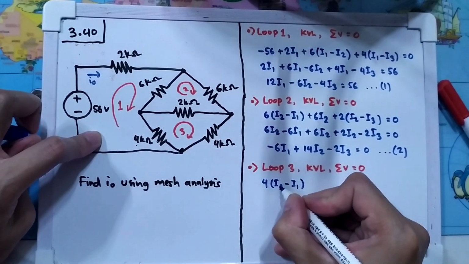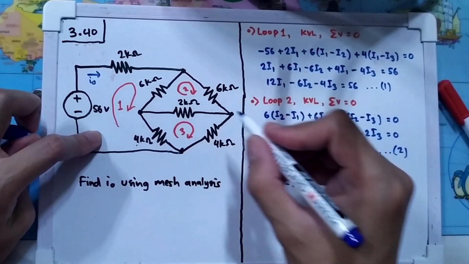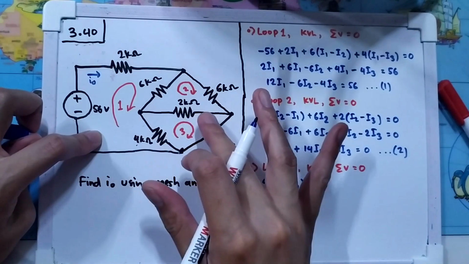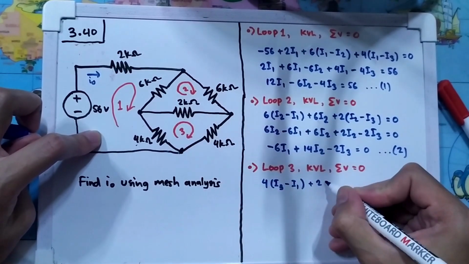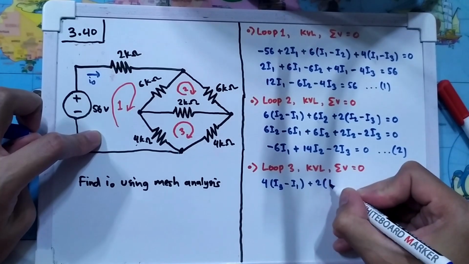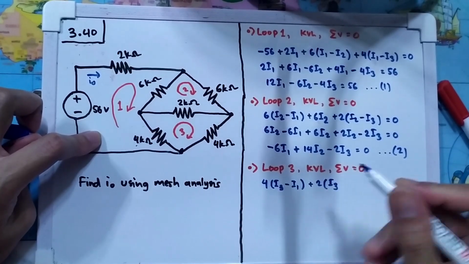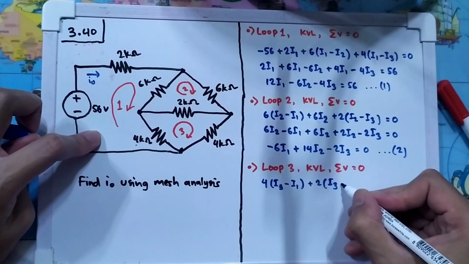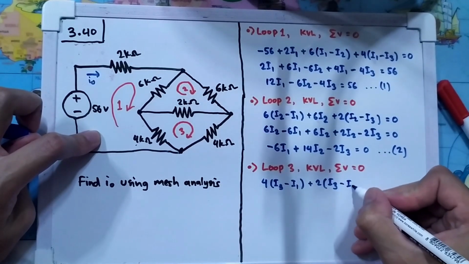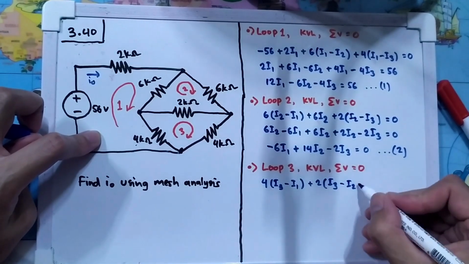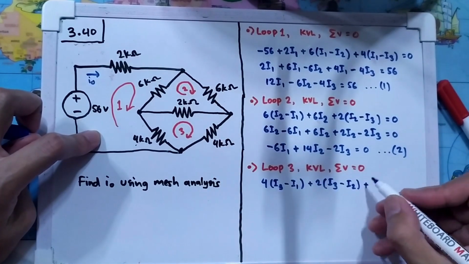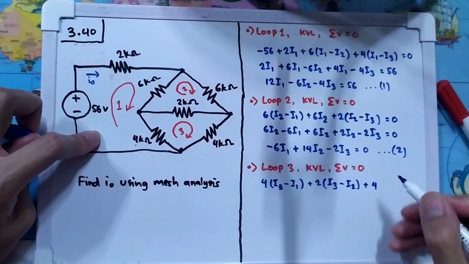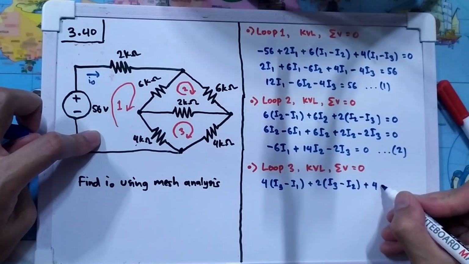Okay, my 3 looks bad. And then we move to this resistance here, plus 2, and we focus on I3, and going in the opposite direction is I2, and then plus this 4 kilo ohm resistance, and the only current that passes through it is I3.